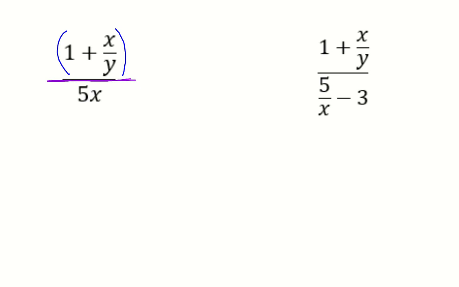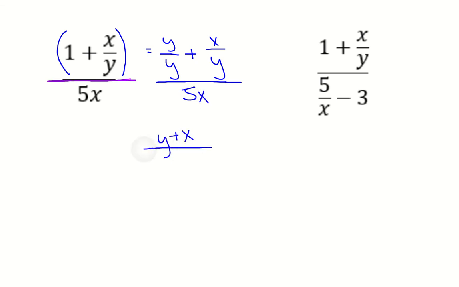So I would take the 1 and I would multiply that by y to make y over y plus x over y divided by 5x. And that would be y plus x divided by y divided by 5x.